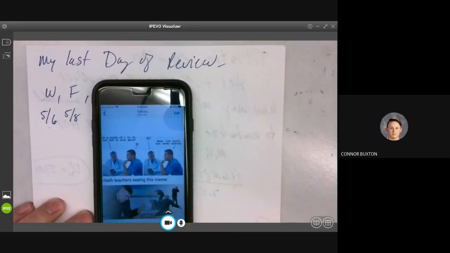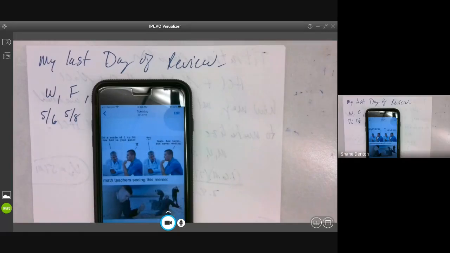It says, on a scale of 1 to 10, how bad is your pain? And the guy says, pi. And the doctor's like, pi? And he says, yeah, low level, but never ending. I literally laughed out loud to myself for like 5 minutes.